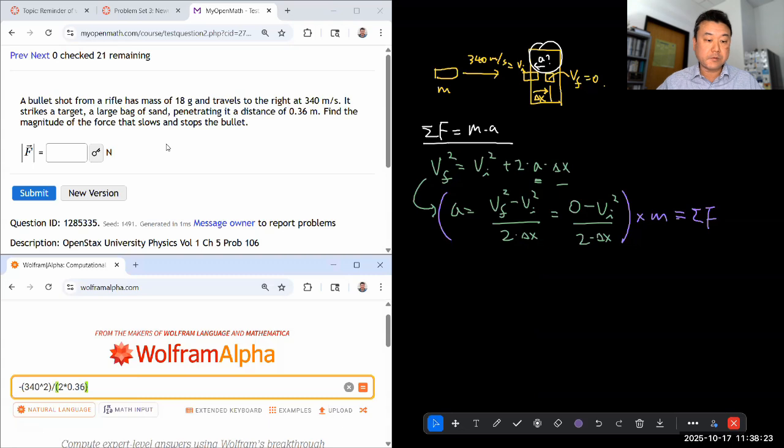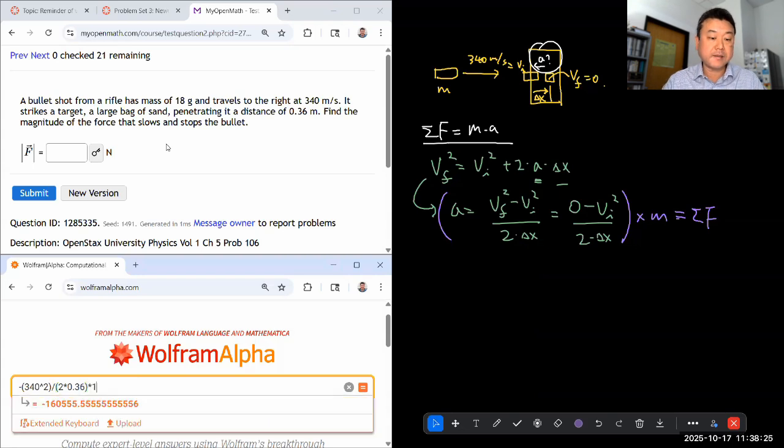Times 18 divided by 1,000 for conversion from gram to kilogram. 28.90 Newton. That feels large, because that's enough force to lift a 289 kilogram person.